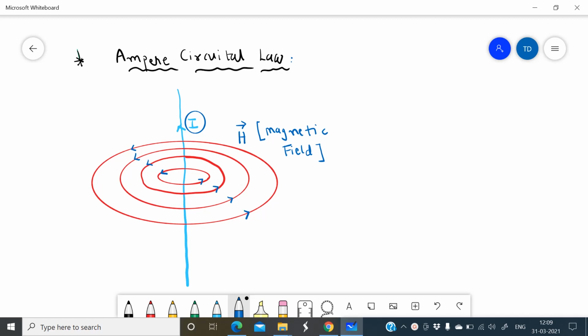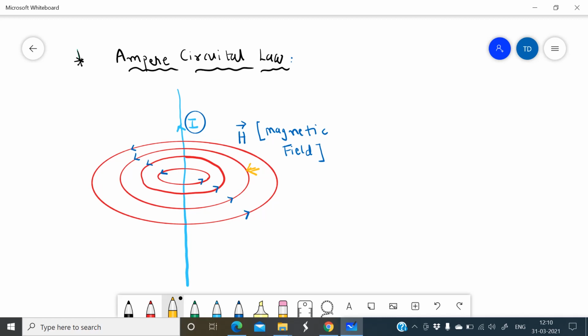Here you see the magnetic field shape is just like a circle. For simple understanding, I will draw a total of four circles, 1, 2, 3 and 4. Out of the four circles I will consider only one circle. All the circles are closed paths.